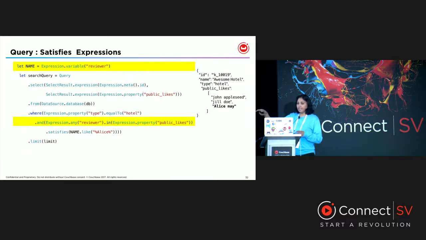Check if any of the elements in the public likes array satisfies the specific criteria. And you're using the pattern matching clause, that's the like clause, to see if it includes the name Alice. So you're just checking to see if Alice has liked any of the hotels in the list. Okay? Give you a second to just look at that.